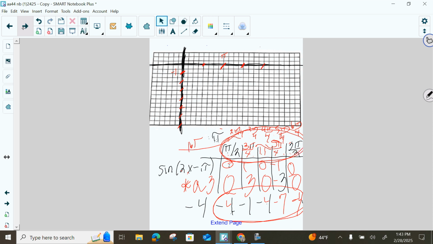It is important where pi is located. So you don't really need to label these units right here. You don't need to label these x's. You need to know where pi is, okay? So now again, one color for those 5 key points.